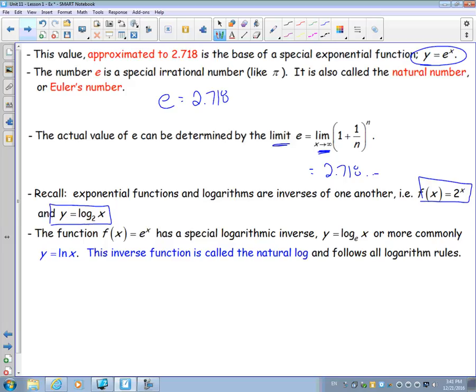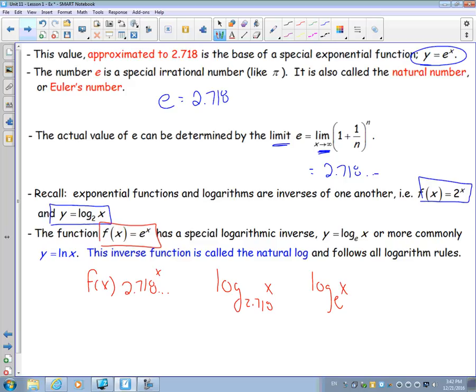In much the same way, e has its own special inverse. So if we come across the function e to the x, which is really just the number 2.718, and there's more digits here obviously, to the power of x, that's all that really is. It's just a special one, which means that there's a function which we could call log base 2.718 of x, or, if you will, log base e of x.